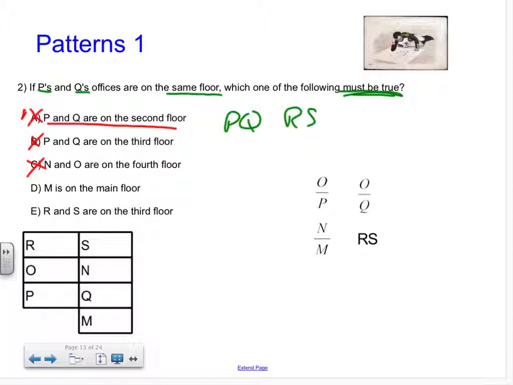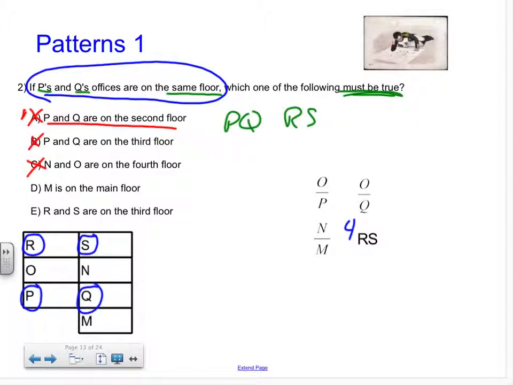The problem with moving M is that we know that R and S need to be together based on condition 4. We know that P and Q need to be together based on the condition given up here in the question.